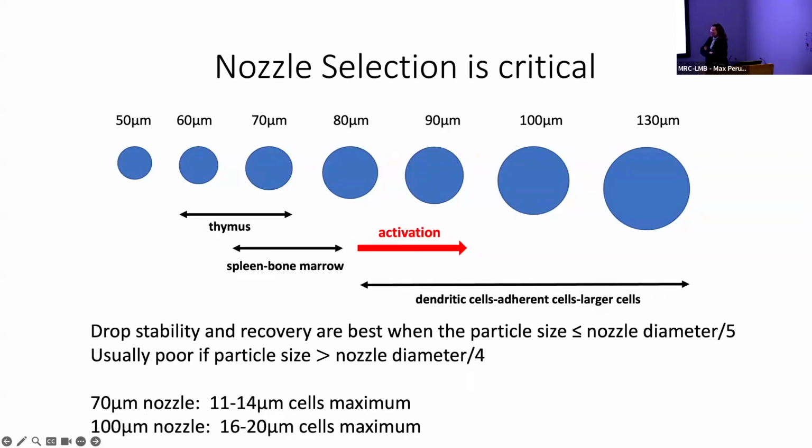And it's usually poor if the particle size is greater than the nozzle diameter divided by 4. So for a typical 70 micron nozzle, which we use frequently for things like lymphocytes, we recommend only having cells that are 11 to 14 microns in diameter. And for a 100 micron nozzle, 16 to 20 micron.